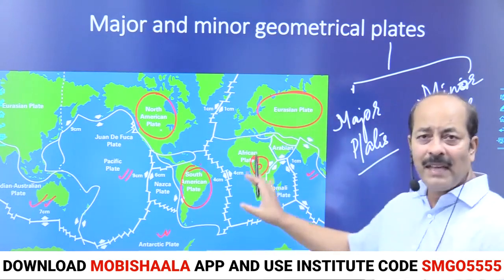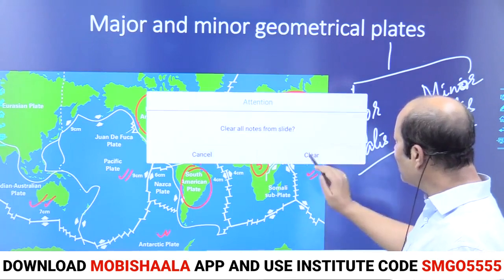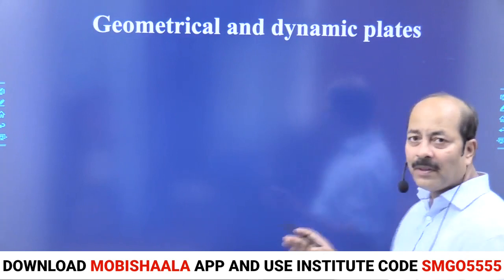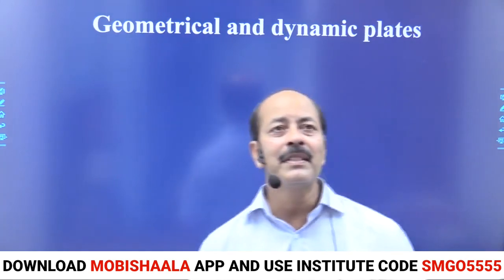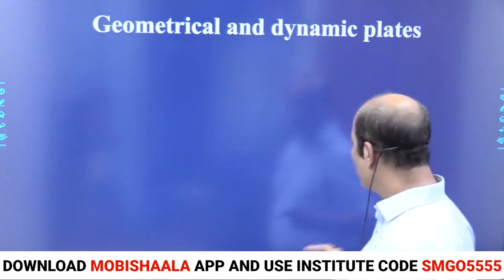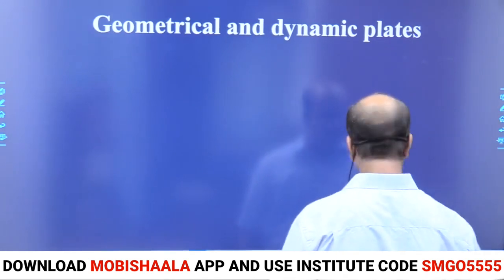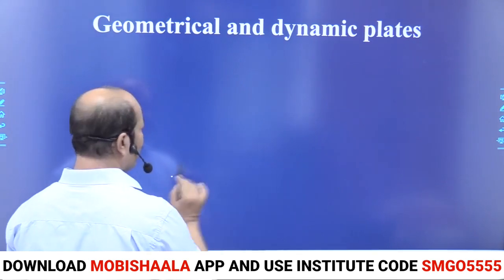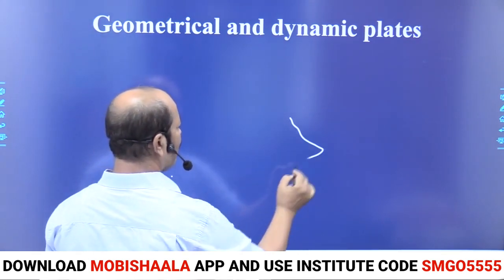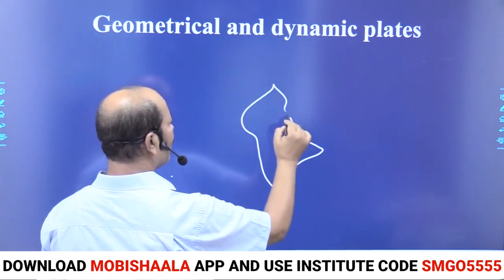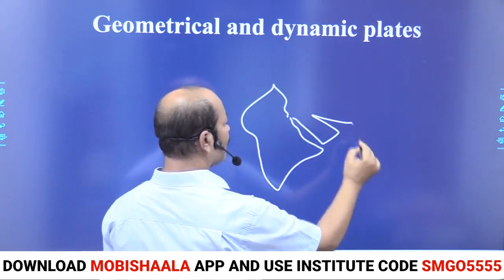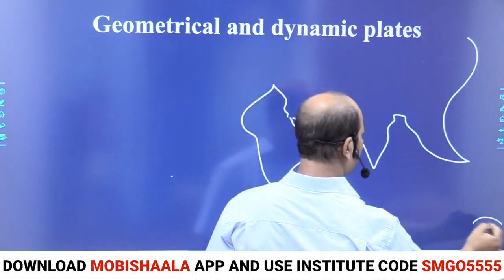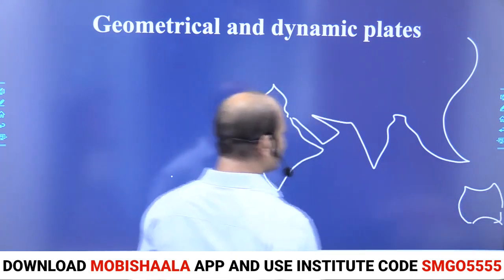So this will not help you in examination. You cannot draw this type of map or diagram unless you draw by freehand or by using your stencil. So draw this map with me and locate the major and minor plates on the Earth's surface. Suppose I draw this area. You have Africa, you have Saudi Arabia, India, and we have Southeast Asia, along with Australia also.